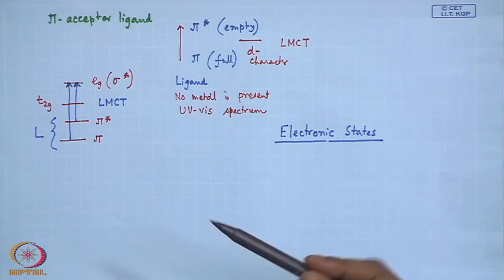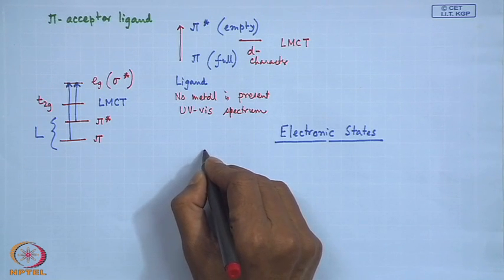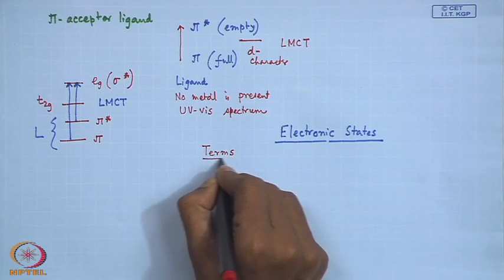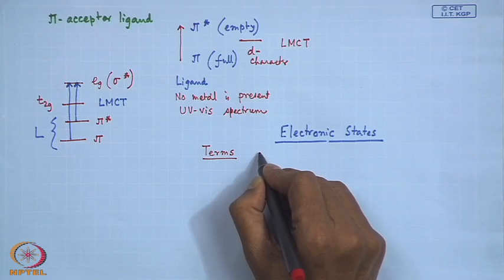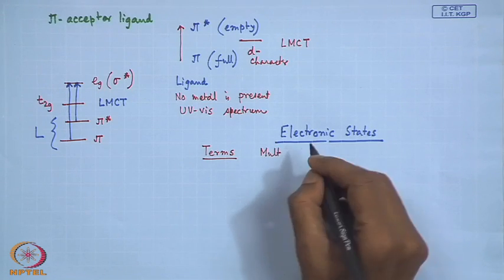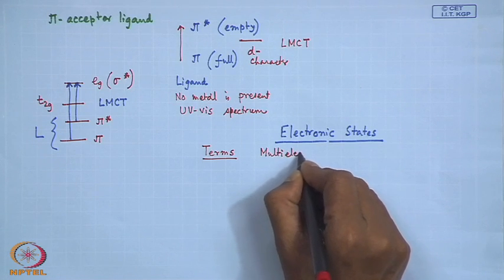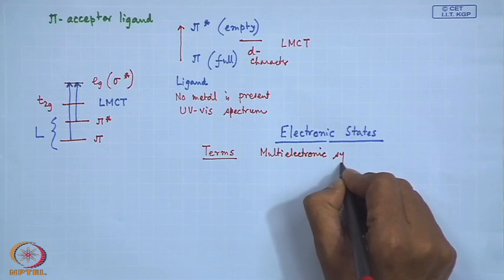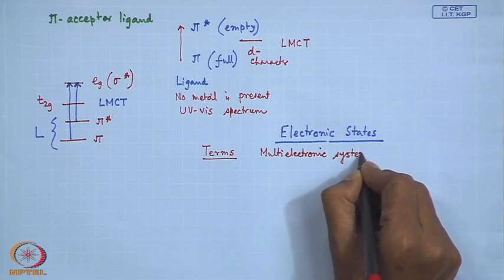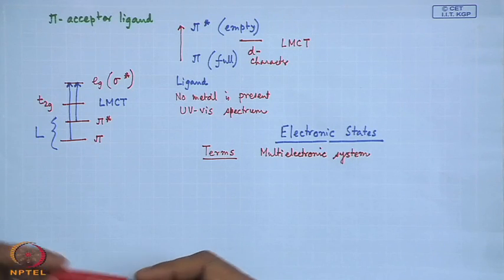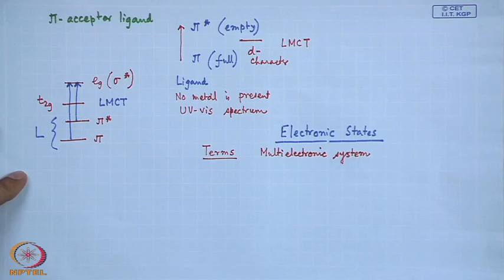For those states we have what we call the different terms for a multi-electronic system. When more than one electron is present in different orbitals, we consider it a multi-electronic system, and that system is utilized for finding the different term symbols.